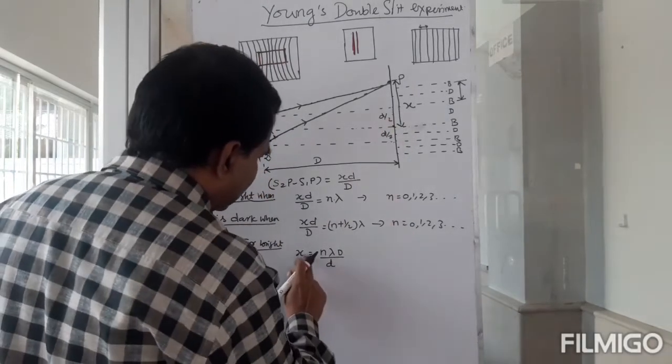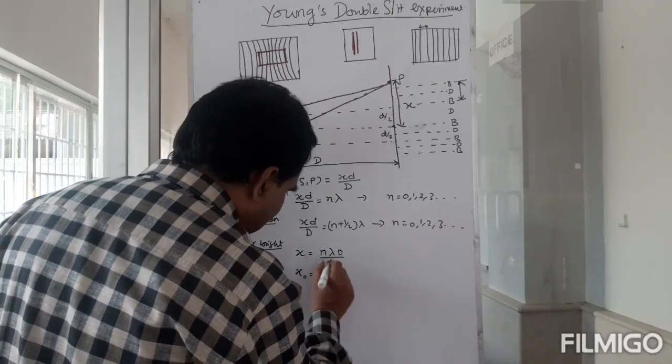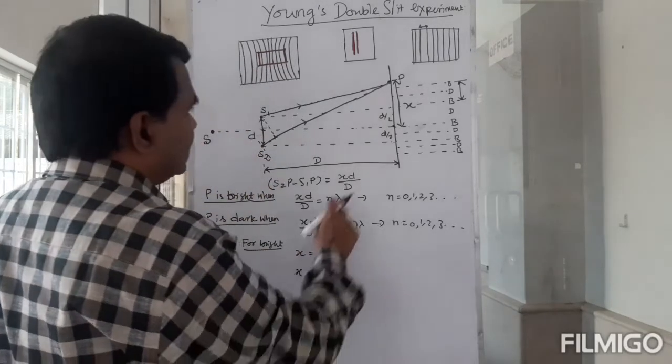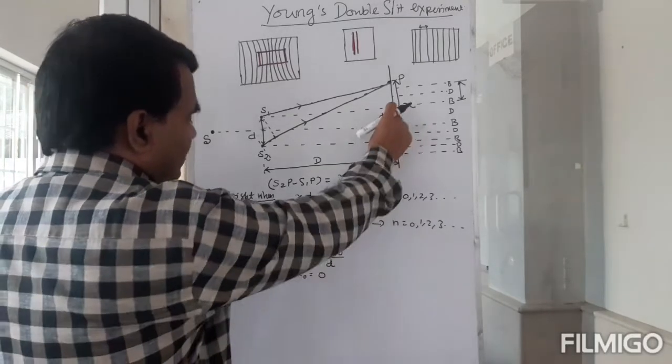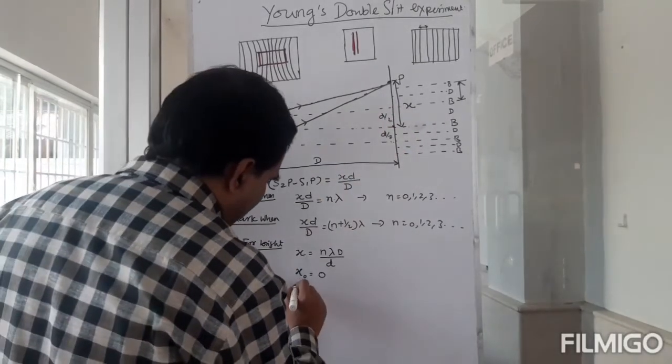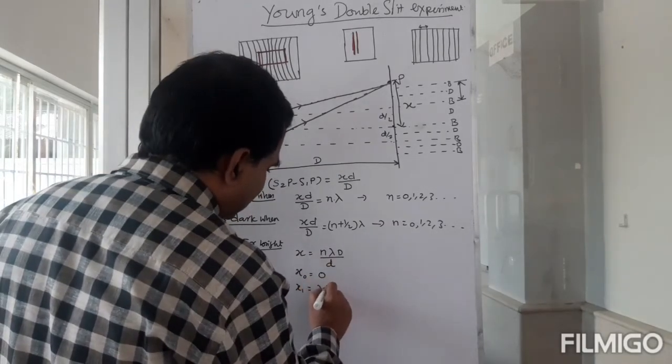Let's say my x0 is equal to 0, right? It is 0, a bright spot, very much there. And what is my x1? x1 will be, with n equal to 1, lambda D by d.